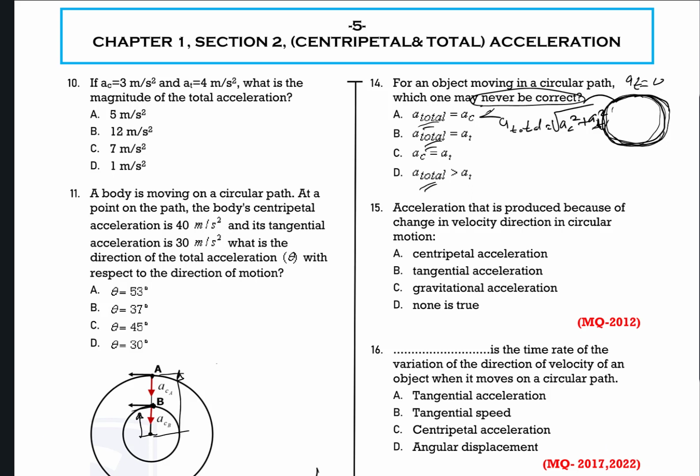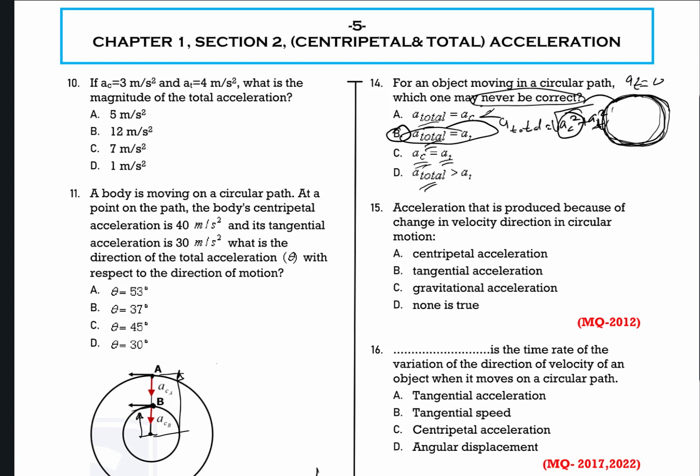B. A total is equal to AT is never correct because AC always exists. In the total acceleration equation, AC must be included, but in part B, A total is without AC, so this is impossible. What about C? AC can be equal to AT in magnitude. Why not?